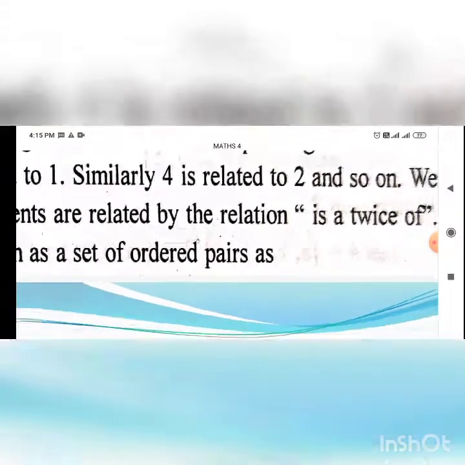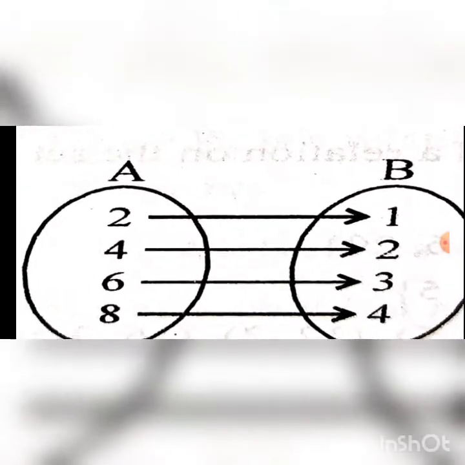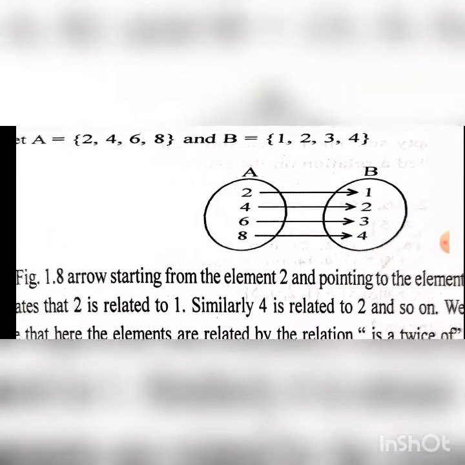Similarly 4 is related to 2, 6 is related to 3 and 8 is related to 4. So we observe that here the elements are related by the relation 'is a twice of'. You can see here 2 is twice of 1, 4 is twice of 2, 6 is twice of 3 and 8 is twice of 4.